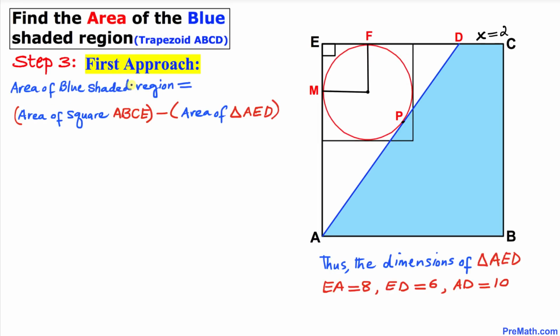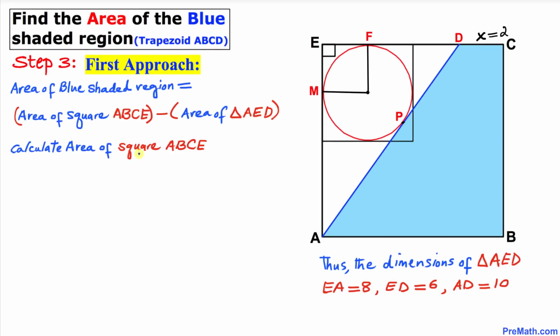And here's the very first approach, the method that I'm going to show you. The area of this blue shaded region equals the area of this whole big square ABCE minus the area of this unshaded right triangle AED. So let's go ahead and calculate the area of this square ABCE.